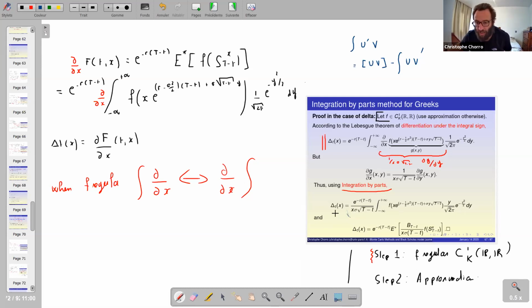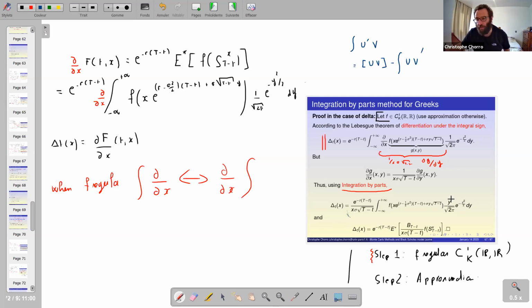Okay, and at the end, I have expressed my delta here. You see that you have delta without any derivative. And if I transform, so here at the beginning, I have transformed my expectation into an integral. Here I have my integral and I transform it into an expectation exactly this way, because here you integrate with respect to the density of N(0,1).